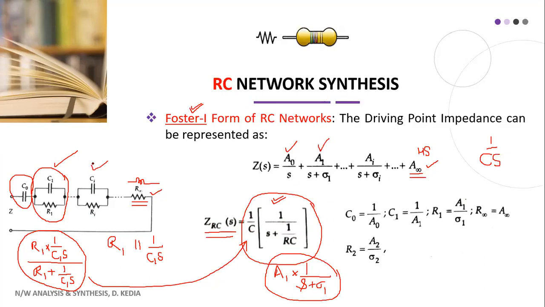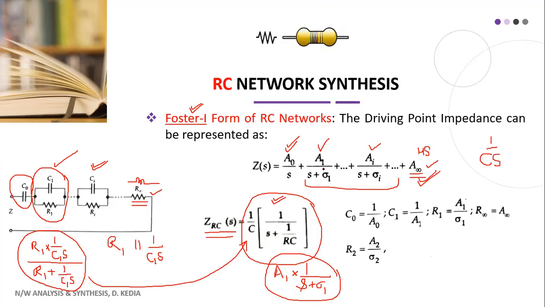Similarly, the second part will give us A2 by S plus sigma 2, third, A3 by S plus sigma 3, and so on. So the intermediate parts of this RC network are represented by A by S plus sigma. The series capacitor is by A naught by S, and the final last element resistance is represented by A infinity. I hope this representation is clear to you.